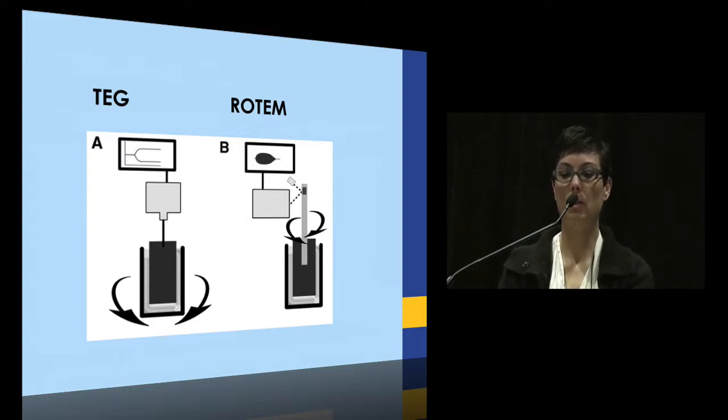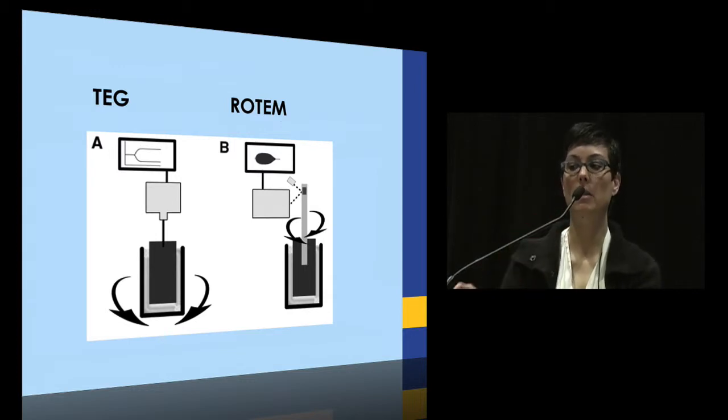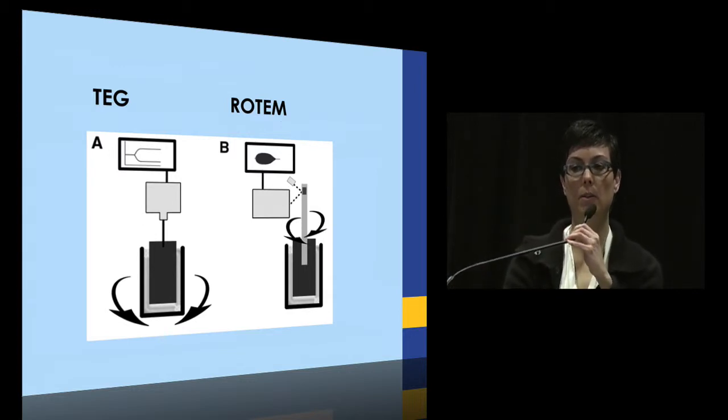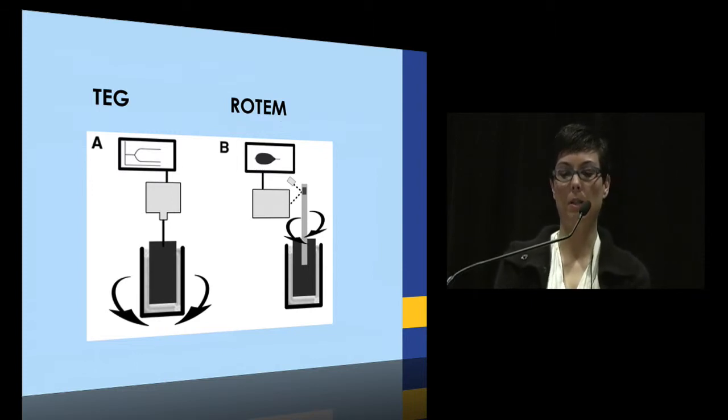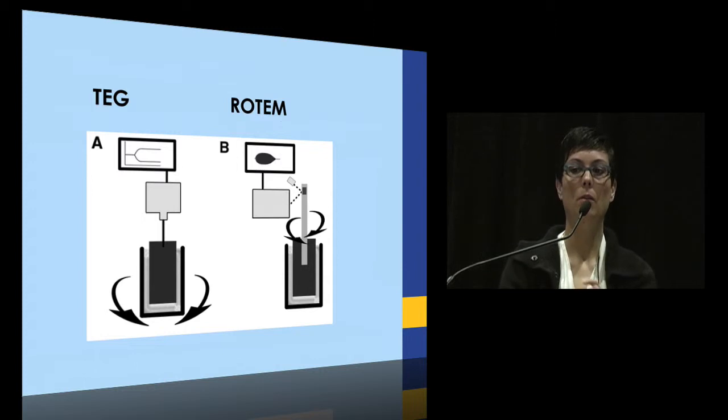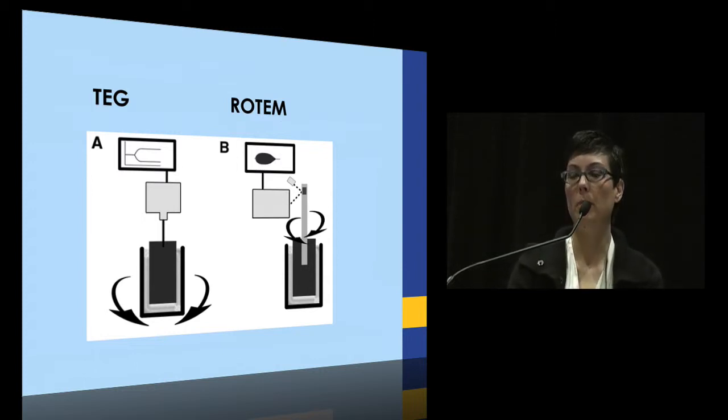How that works is the pin in the cup is what rotates, and the cup actually stays stationary. There's some optics that you can see in the diagram that give you the thromboelastogram. The reason for the optics has to do with movement with the TEG, which we'll talk about, the benefits of both TEG and ROTEM in a moment.